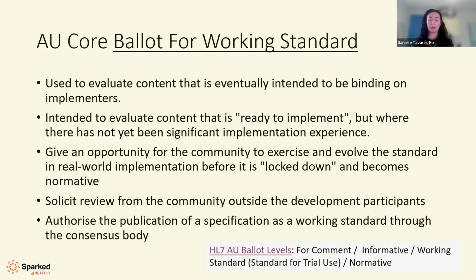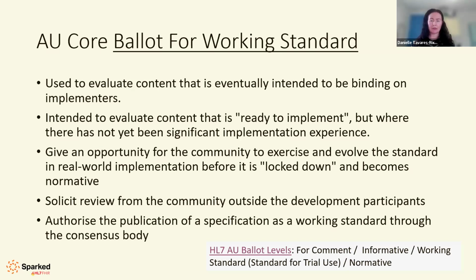This is ready for people to go out and test and exercise in the real world so that we can evolve that before it gets locked down and becomes normative, which is why it's called the working standard. And you will see a number of evolutions. R1 is a working standard. We'll probably see R2, R3, and so forth also be working standards as we continue to work through and get more implementation experience across different use cases for parts of AU Core.